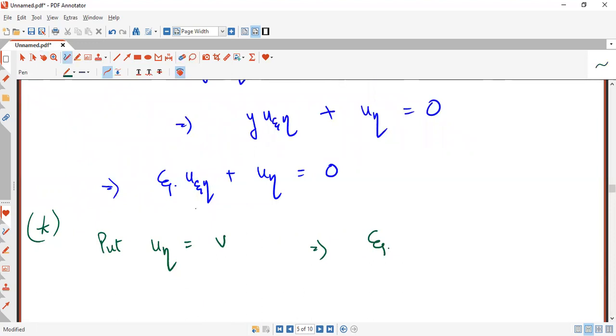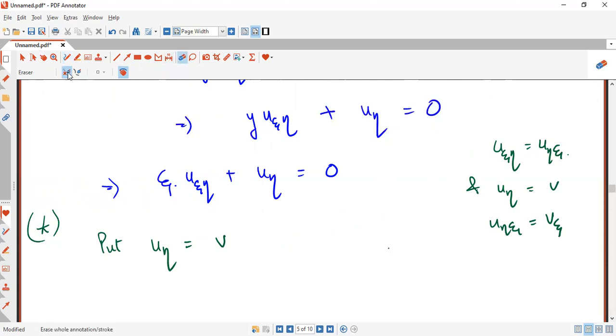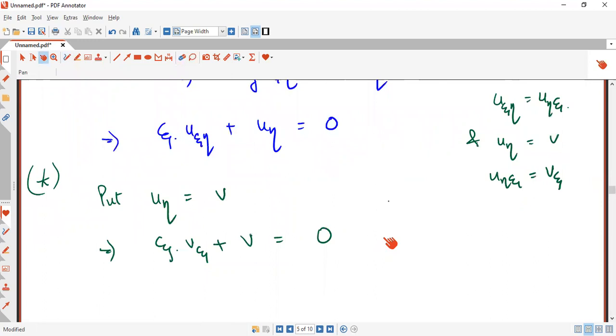U xi eta is the same as u eta xi. So u eta is v, so u eta xi will be v xi, right? So the equation will be xi times of v xi plus u eta, which is v, equals to 0. Now I've converted this basically into a first order PDE.